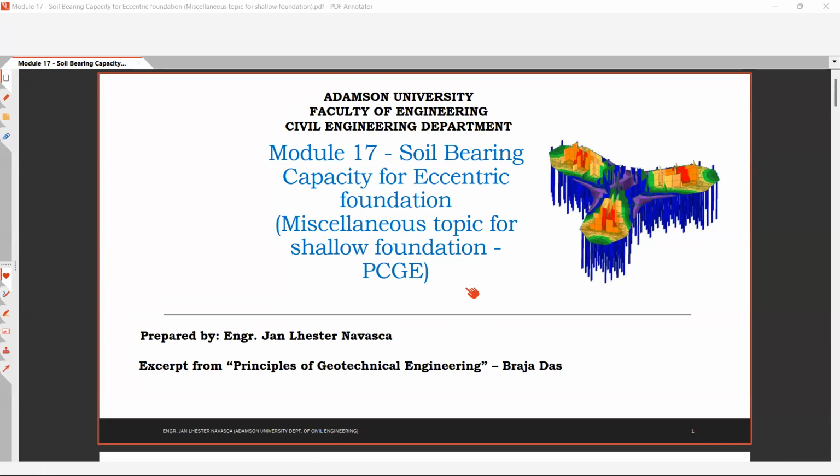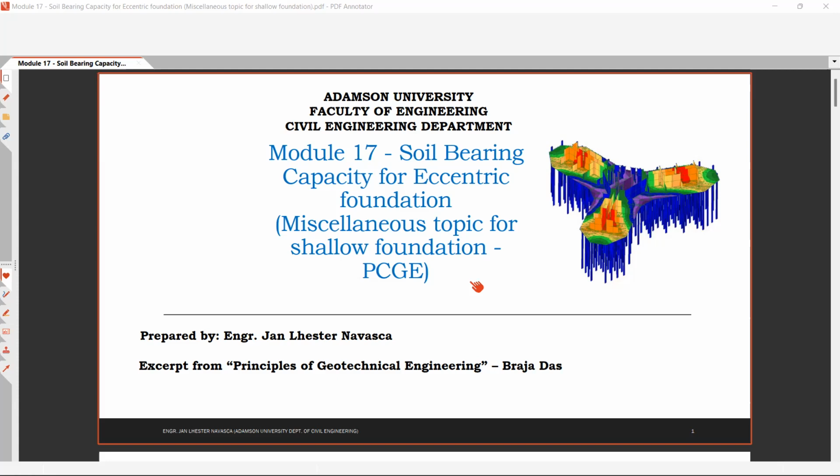Okay, so if you remember how to solve for the soil bearing capacity of shallow foundations. Di ba meron tayong dalawa, si Terzaghi and modified Terzaghi? Naalala niyo si Terzaghi and si modified Terzaghi. Si Terzaghi binigay yung equation.